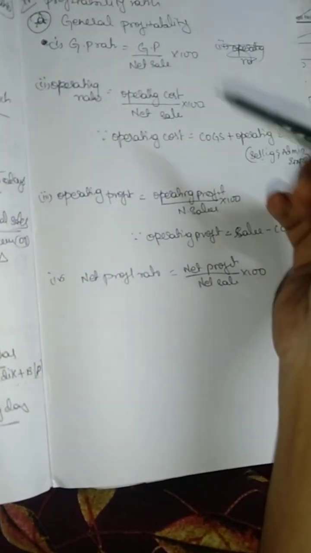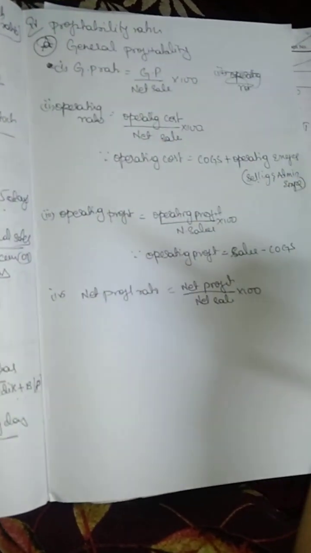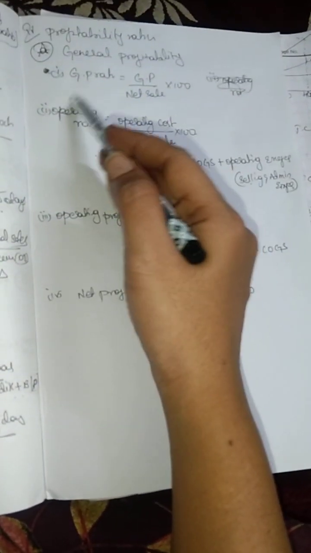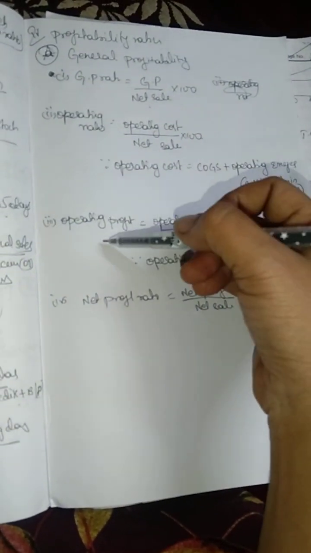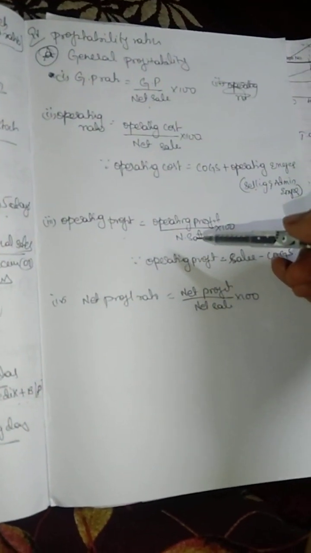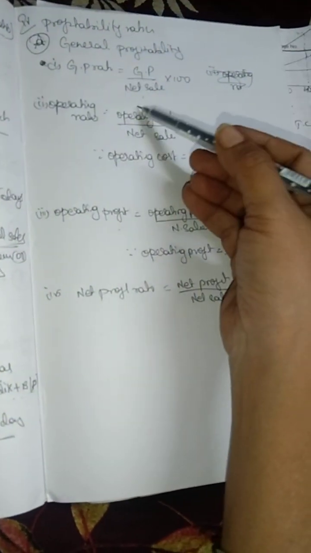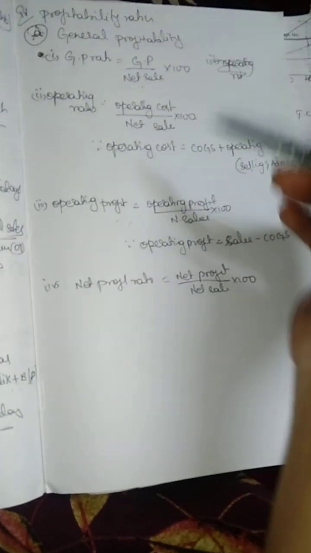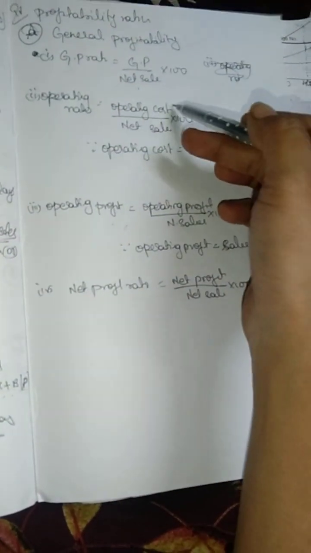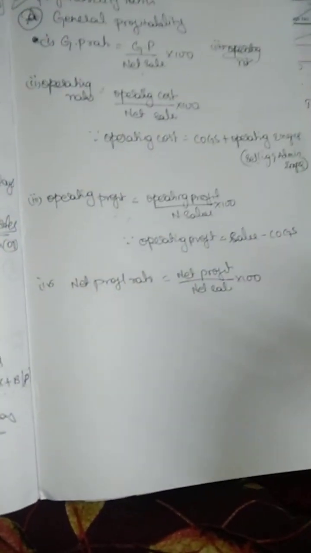There are others, but these are very frequently, compulsorily asked. When they ask, they will not simply ask you about gross profit ratio, or only operating profit ratio; you just find it out. Whenever it is profitability ratios, these four in a bunch are a must to be done. Whether they ask or not, if the data is there, you have to simply do it.